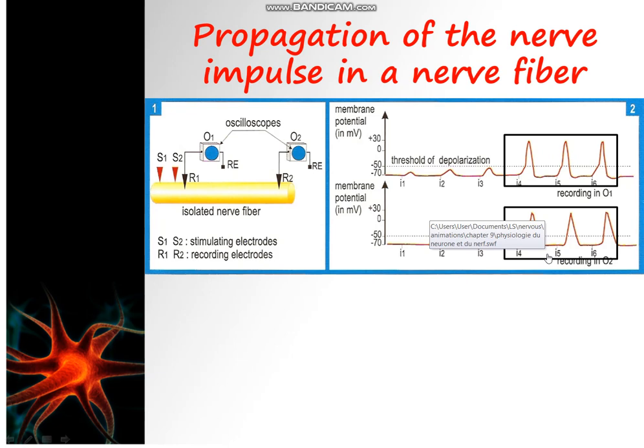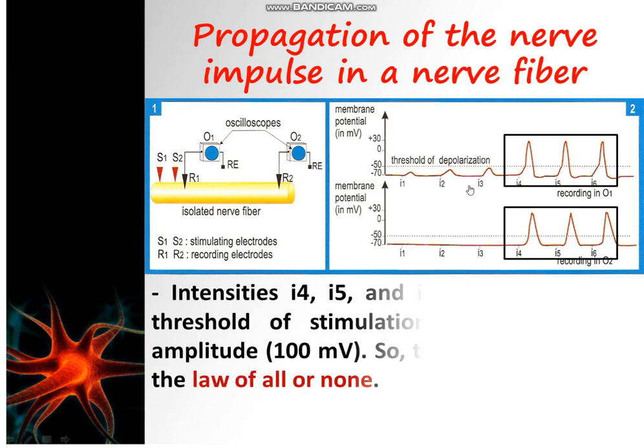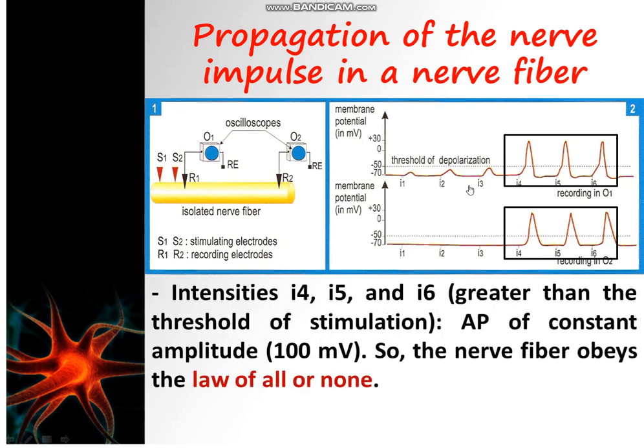This means that only action potentials can propagate and not the little increase of membrane potential triggered by I1, I2, and I3. But why do we obtain action potentials with I4, I5, I6? This is because these intensities are greater than the threshold of stimulation of the nerve fiber.